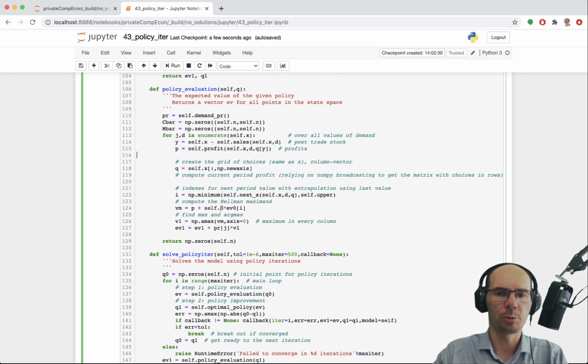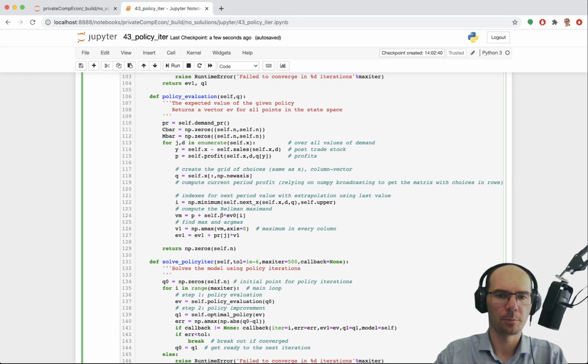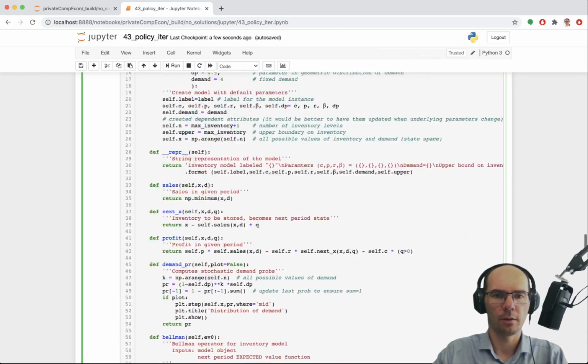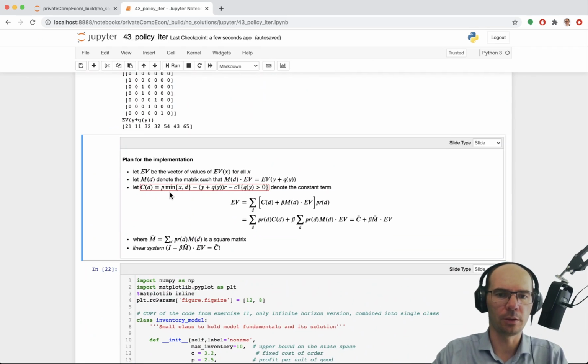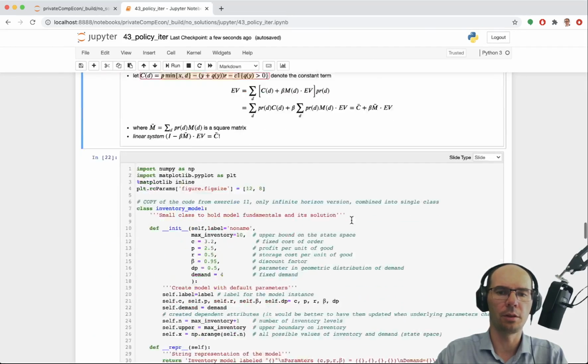So these are the profits. These are the profits, and let's think about what we need this for. This is essentially all we need to have for the C of D, right, to calculate the C bar.